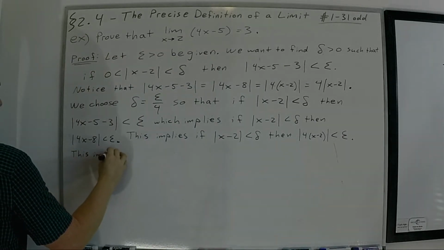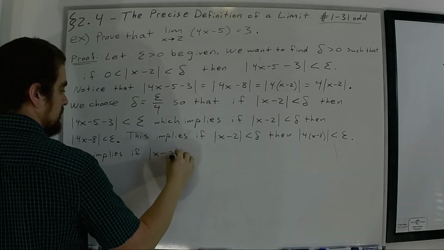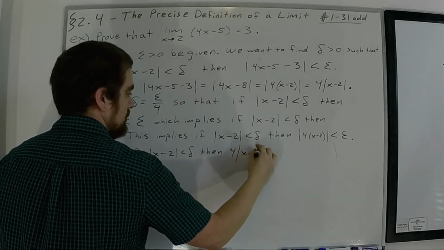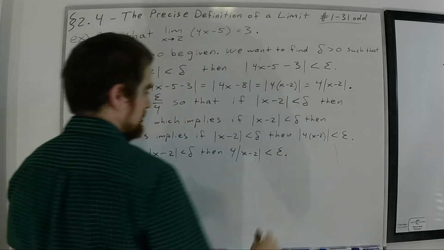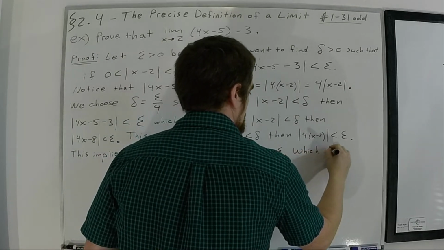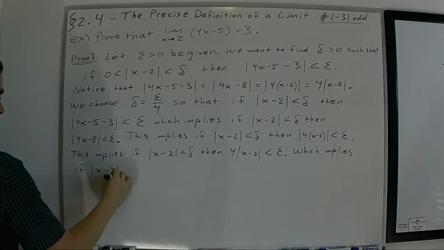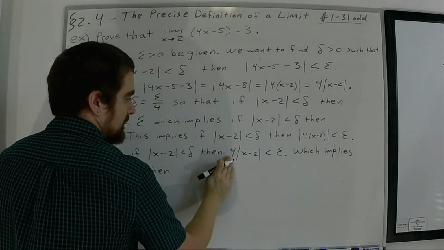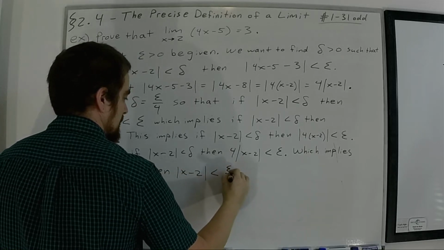This implies if the absolute value of x minus 2 is less than delta, then 4 times the quantity of the absolute value x minus 2 is less than epsilon, which implies, and I'm trying to show you every step here, that if the absolute value of x minus 2 is less than delta, then, and this is an inequality, I'm going to divide by positive 4, then the absolute value of x minus 2 is less than epsilon over 4.